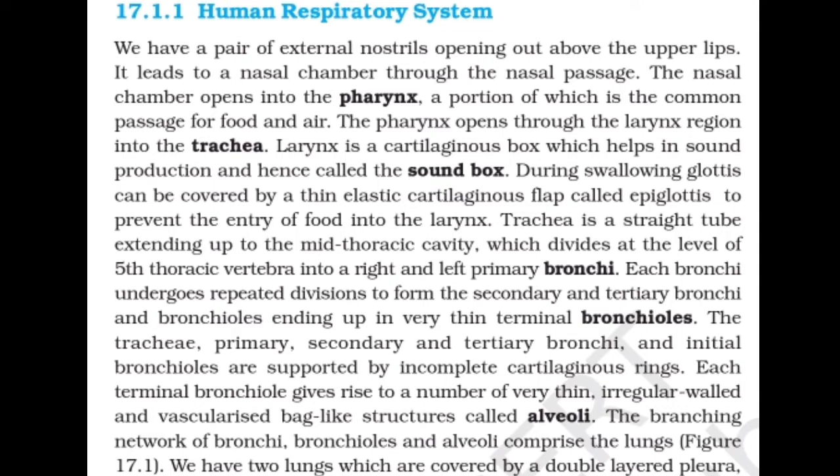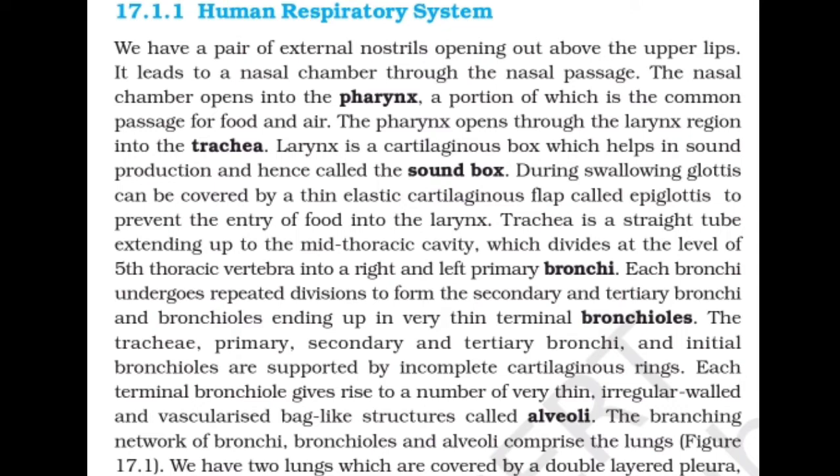Trachea is a straight tube extending up to the mid-thoracic cavity, which divides at the level of the fifth thoracic vertebra into a right and a left primary bronchi. Each bronchus undergoes repeated divisions to form the secondary and tertiary bronchi and bronchioles, ending up in very thin terminal bronchioles.